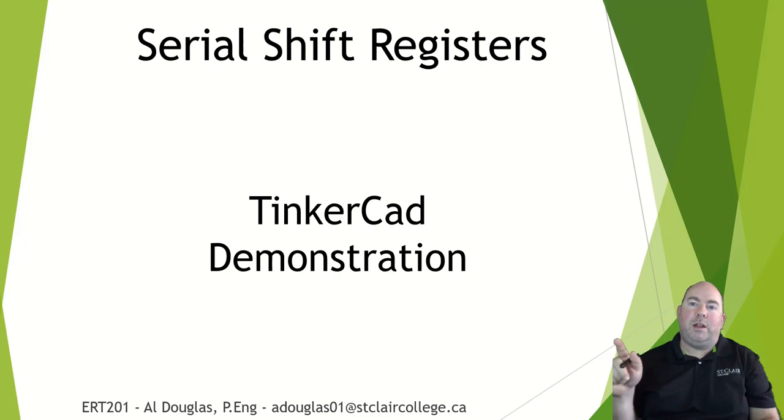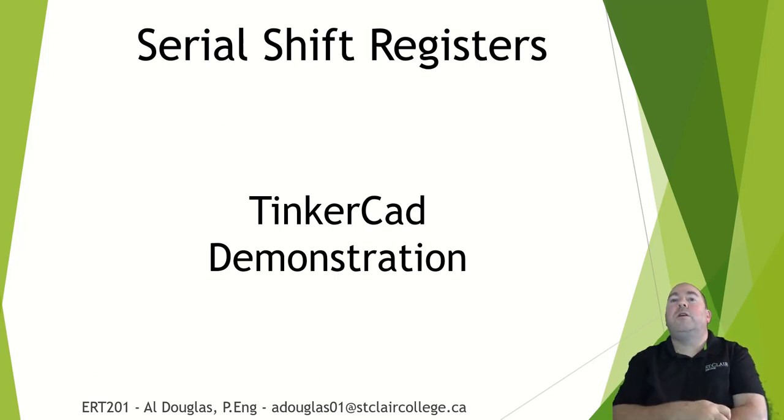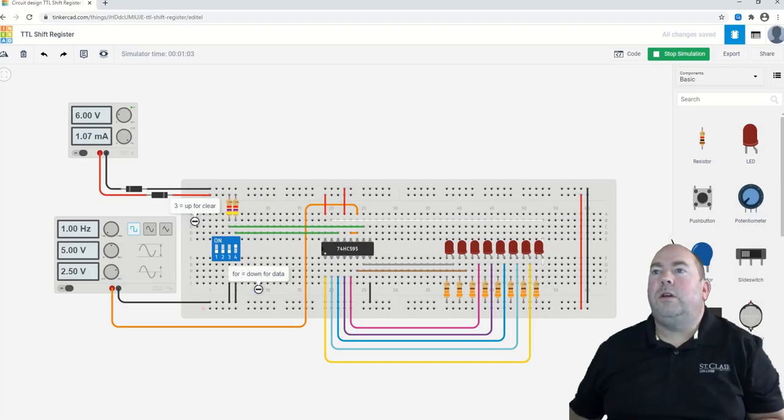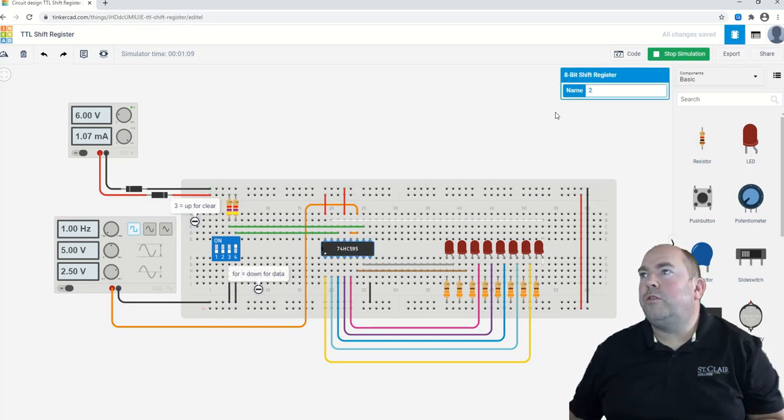Now we can't do that exact one, but we can do a similar TTL shift register in TinkerCad, so I will demonstrate that now. Alright, so this is a TTL shift register. This is the 595 chip, which is described as an 8-bit shift register.